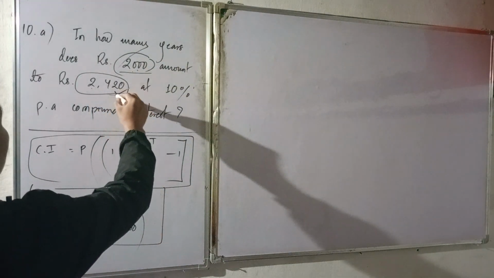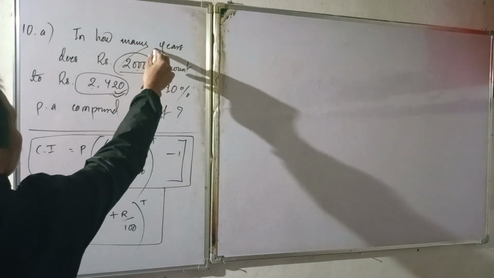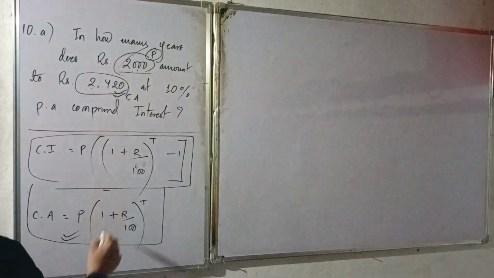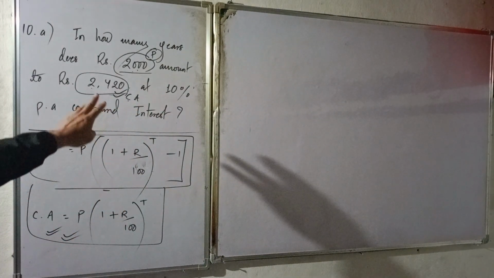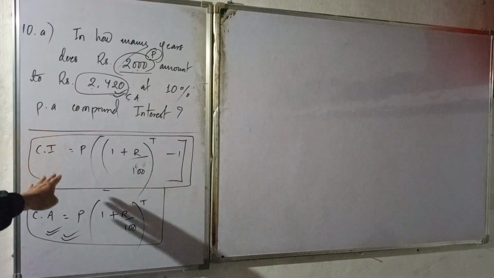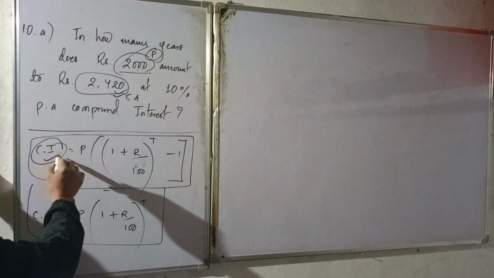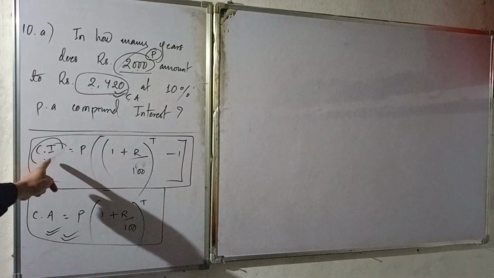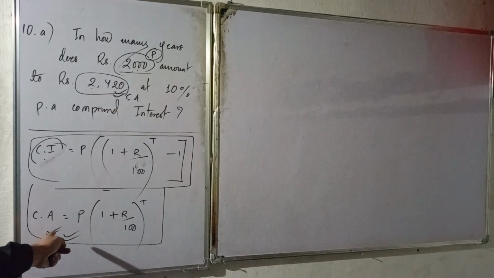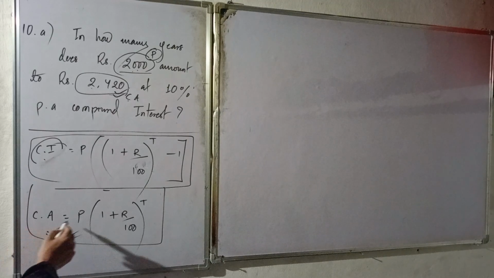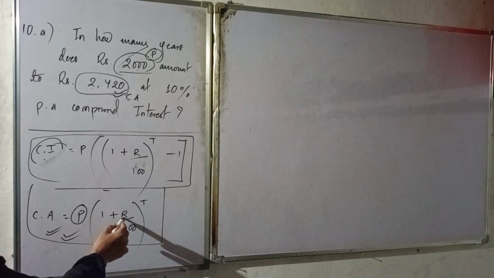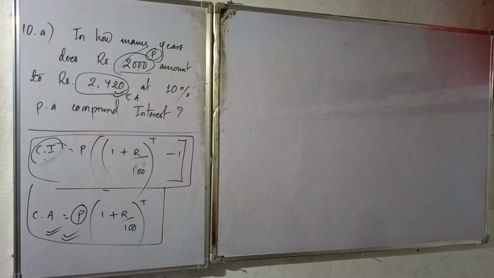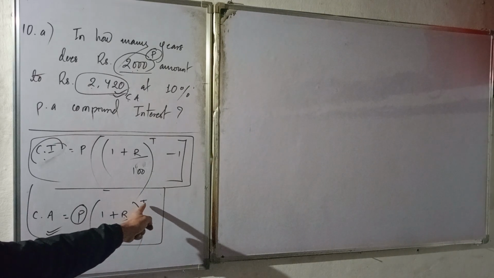This is the given principal, and this is the given compound amount. In case of compound amount, we'll use this formula. If compound interest was given, we'd use the other formula. But now compound amount is given, so we'll use only the compound amount formula. P represents principal, R represents the rate percent, and T represents time in years. Here we have to find the time.